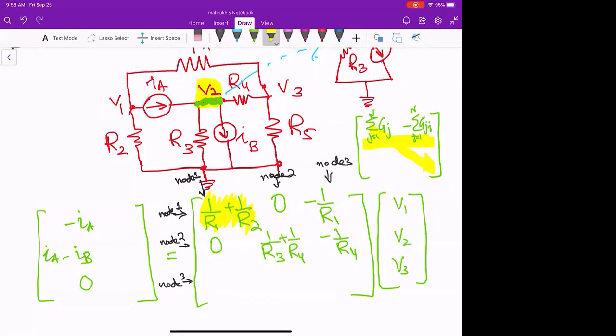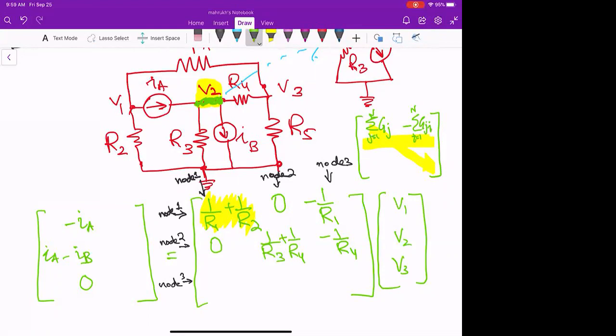But when you want to talk about adjacent nodes, R3 is connected to the reference node, and we are not talking about the reference or ground node here. We are talking about adjacent nodes, that are non-reference nodes. So now if we think about the third element, then we are thinking about V2 and V3.